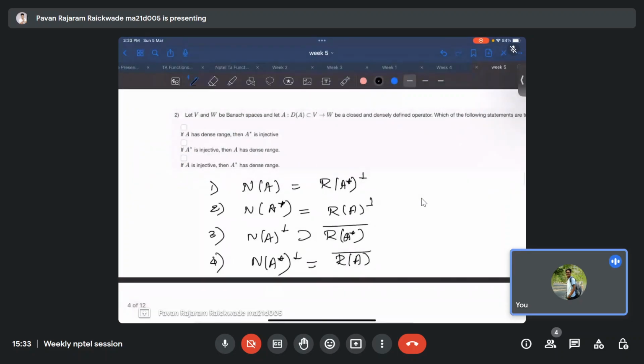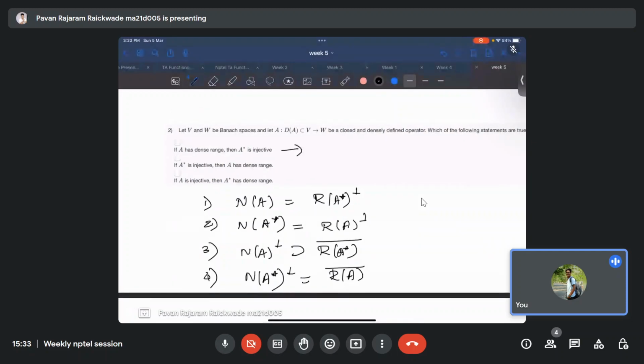Okay, so the first option says if A has dense range, then A star is injective. What do you mean by A has dense range? It means range of A closure is the whole space W. So what do we have? We'll use the fourth option here. The range of A closure is the whole space W, which implies null space of A star perp is the whole space.